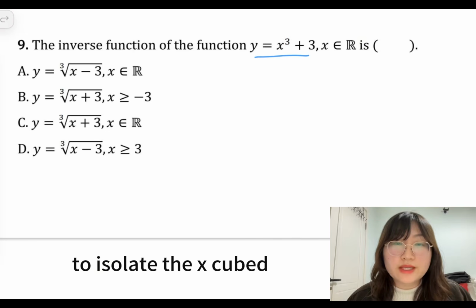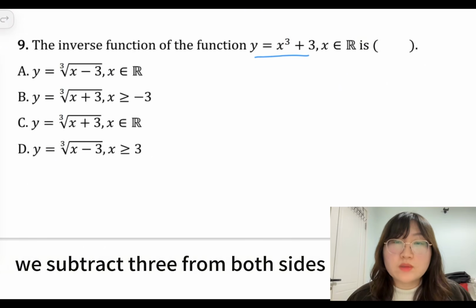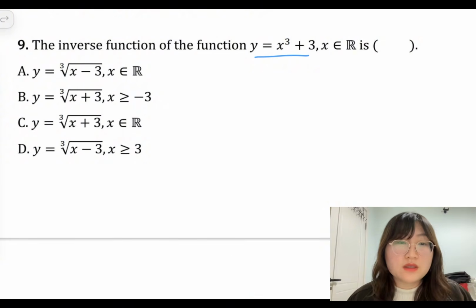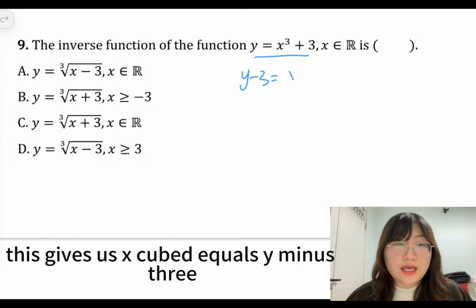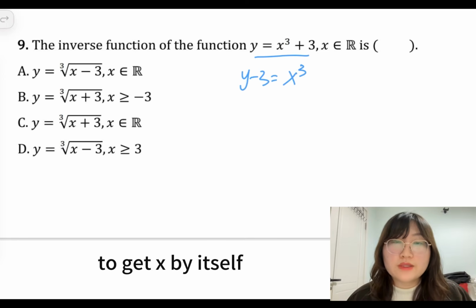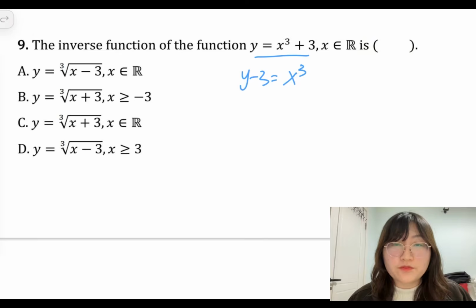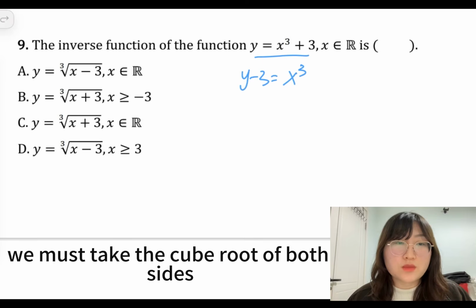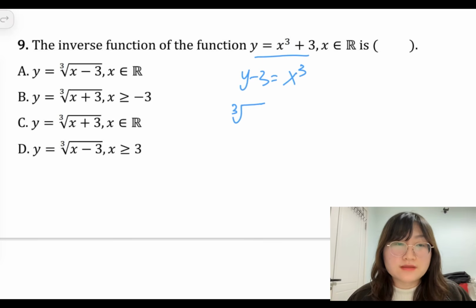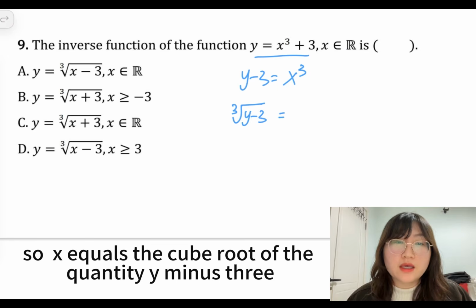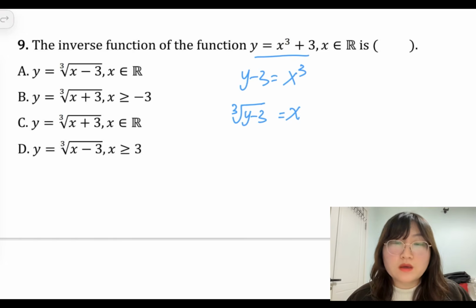Y equals x cubed plus 3. To isolate the x cubed, we subtract 3 from both sides. This gives us x cubed equals y minus 3. To get x by itself, we must take the cube root of both sides. So x equals the cube root of the quantity y minus 3.